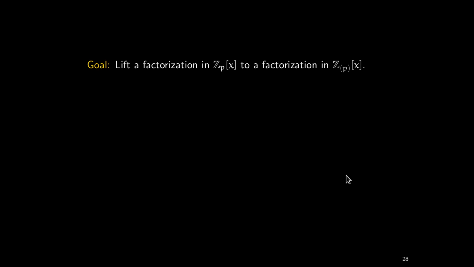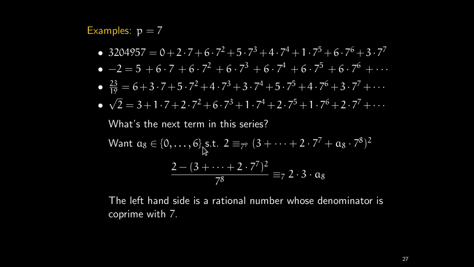So square root of 2 is a root of a quadratic polynomial, x squared minus 2. And what we have just done is we extended a root of x squared minus 2 in F_7 to a p-adic root of the same polynomial.